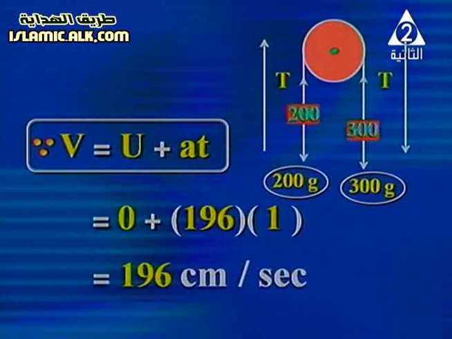Remember, the velocity is 196 centimeter per second, and the acceleration is 196 centimeter per second squared. The same value, but not the same unit. The unit of velocity, initial and final, is centimeter per second.